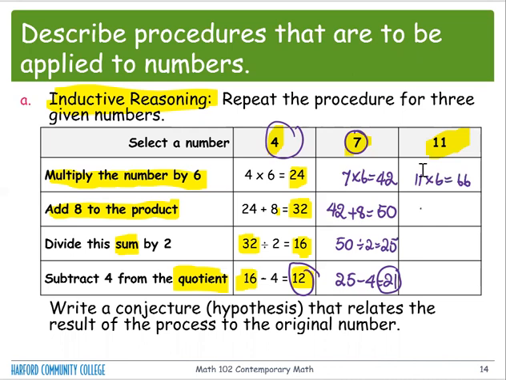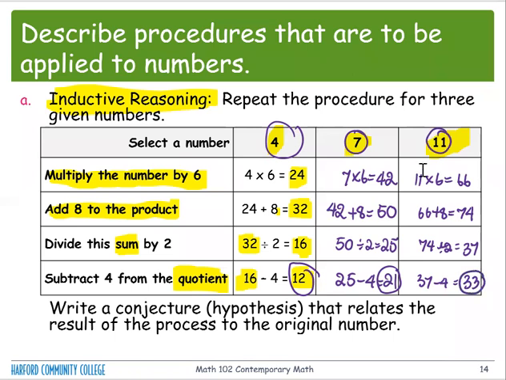We add 8 to the product to get 74, and this 74 is called the sum. We divide the sum by 2 to get 37. Next, subtract 4 from the quotient 37 to get 33. And see the relationship of 11 and 33.